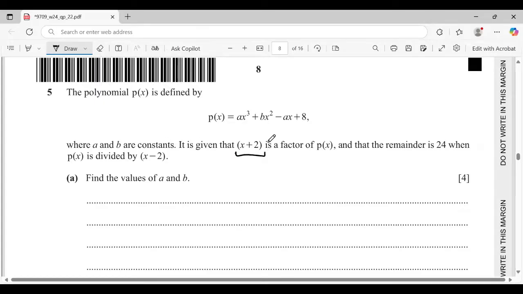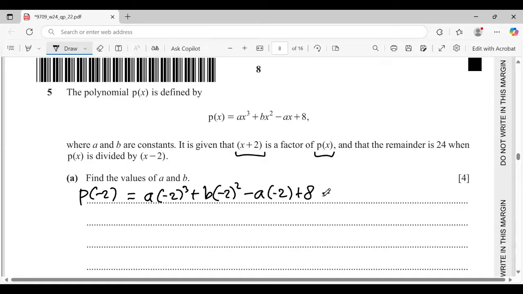x plus 2 is a factor of P(x), so P(−2) equals 0. Substituting into this expression: a times (−2) cubed plus b times (−2) squared minus 2a plus 8 equals 0.